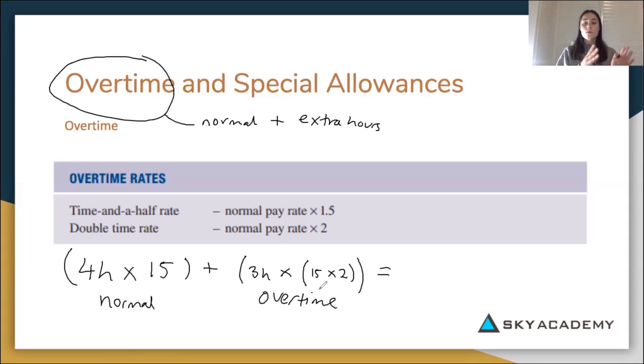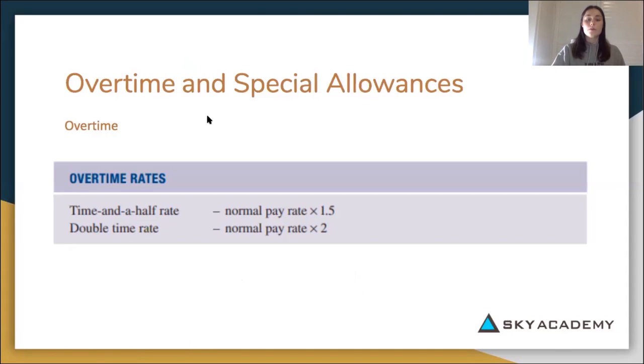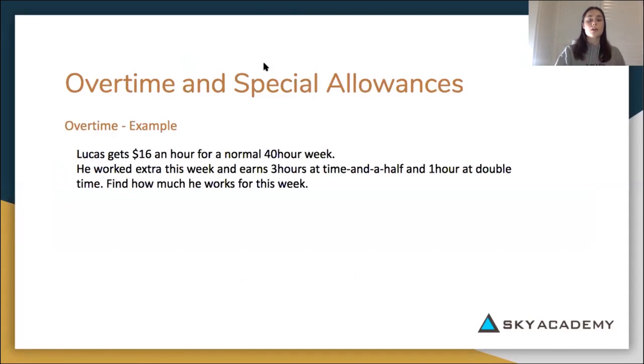So let's have a look at an example for overtime. Lucas gets $16 an hour for a normal 40-hour week. He worked extra this week and earns 3 hours at a time and a half rate and 1 hour at double time. Find how much he earns for this week. I'm going to do it in steps, and I would recommend you do it in steps also.